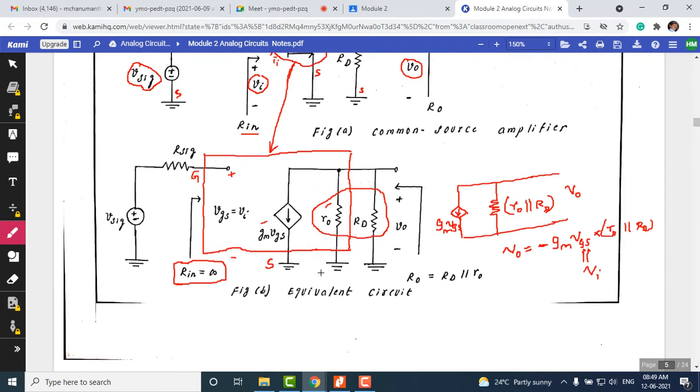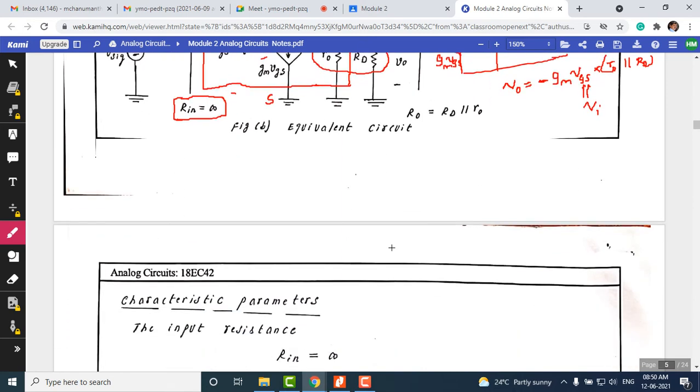Since this is the equivalent circuit for the common source amplifier, based on this we can do an analysis. We need to find the input resistance, output resistance, voltage gain, open circuit voltage gain, and then the overall voltage gain. Those equations we need to derive for this.